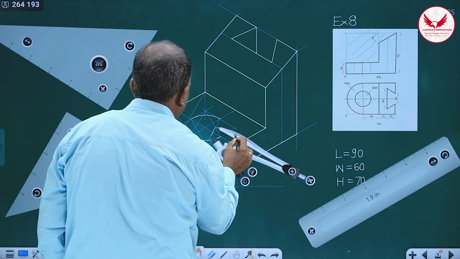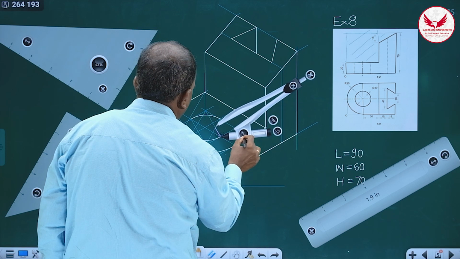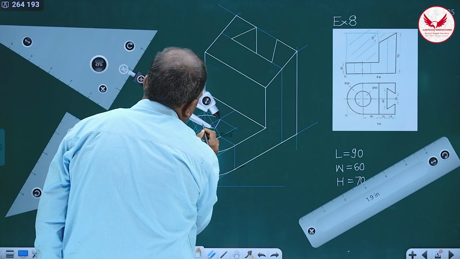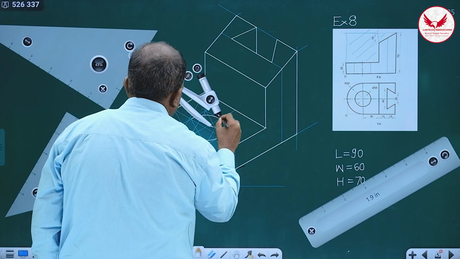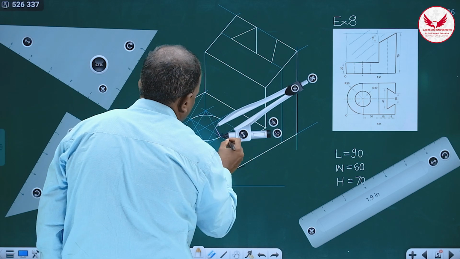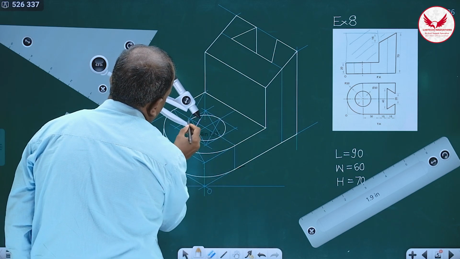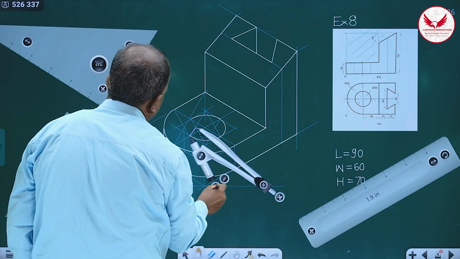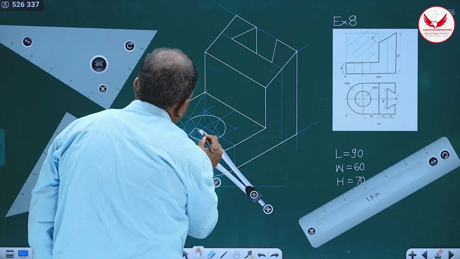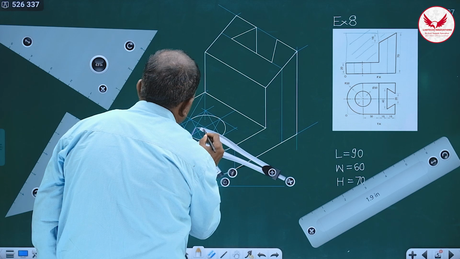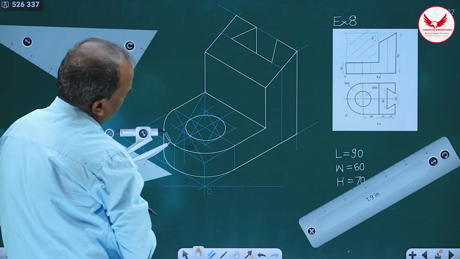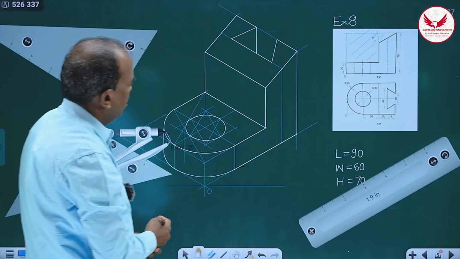See, first I will draw this portion, the midpoint of the opposite side, and if we rotate it, with this center this portion. So like this we can draw the ellipse.